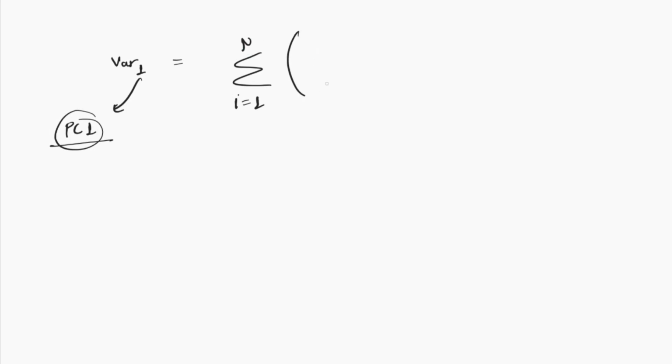And now similarly we can find variance 1. Why do we call it variance 1? This is the variance on PC1, so we are calling it explicitly 1. Summation of i goes from 1 to n, and then this goes like b1 transpose dot xi minus 0, because the mean is 0. And then we can take this outside here.